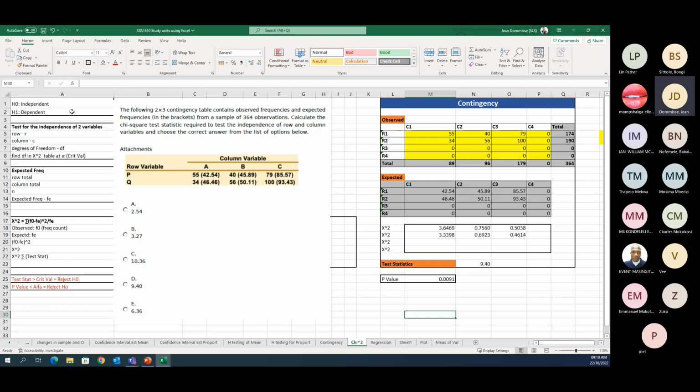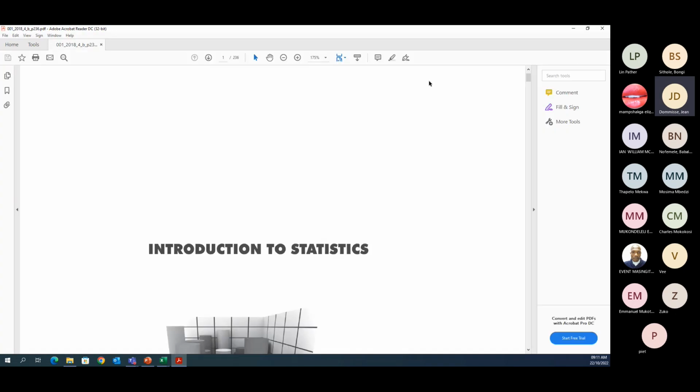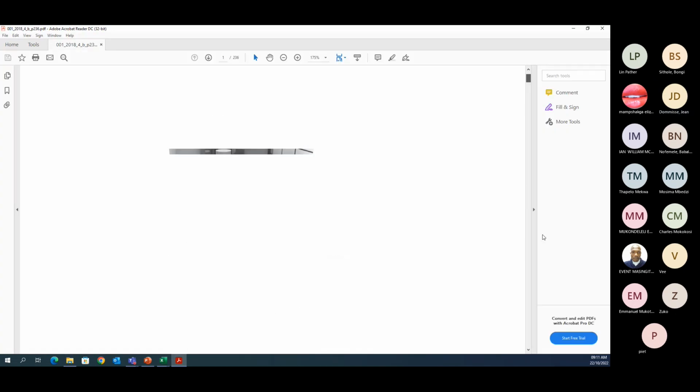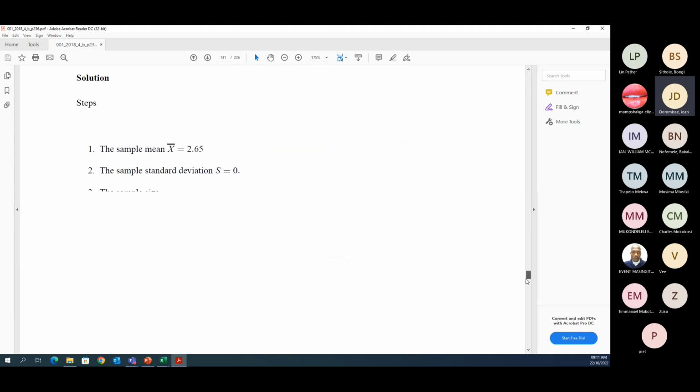Because if I look at that sample size, the chances that we will have 364 somewhere in a table will be very slim. Let's quickly check in the chi-square.